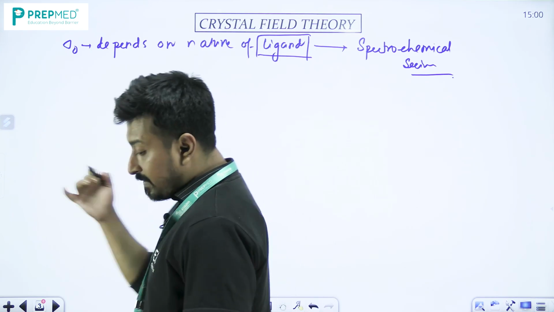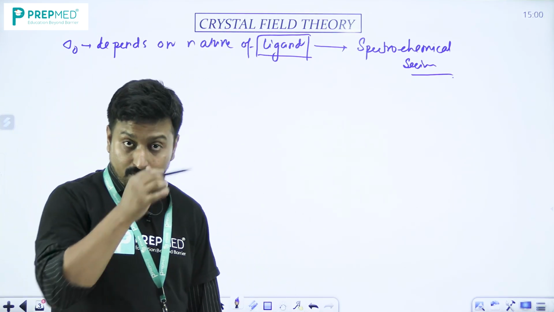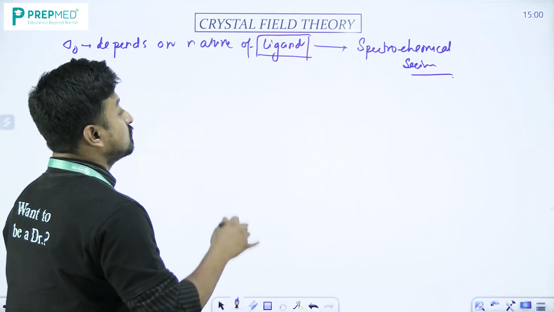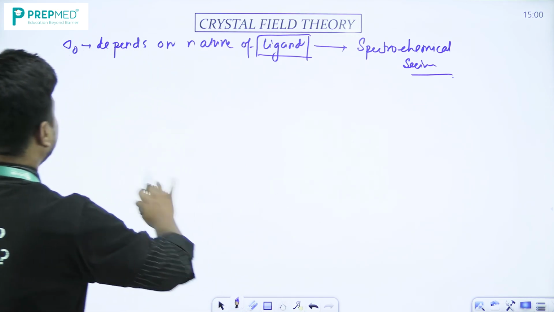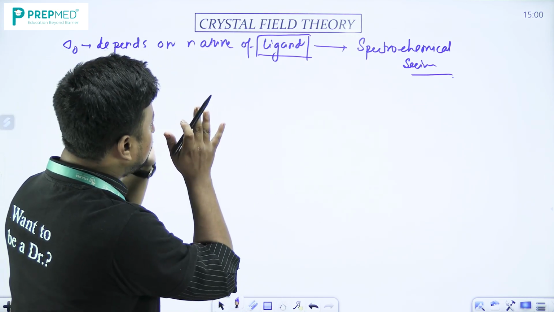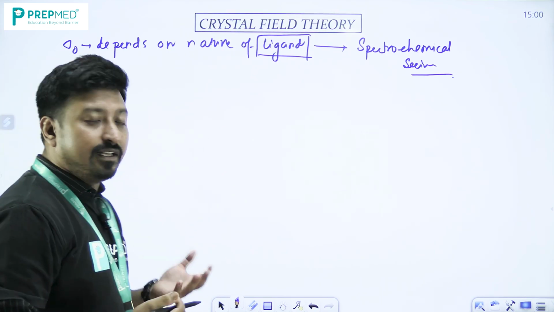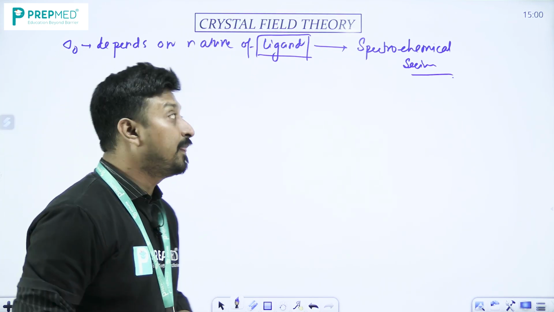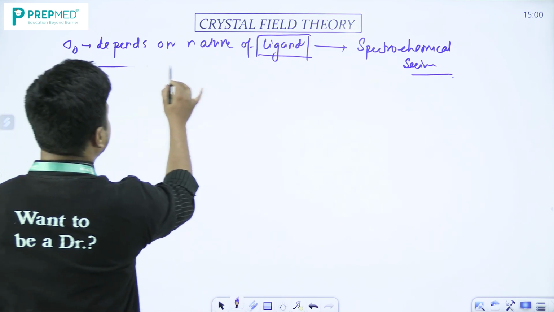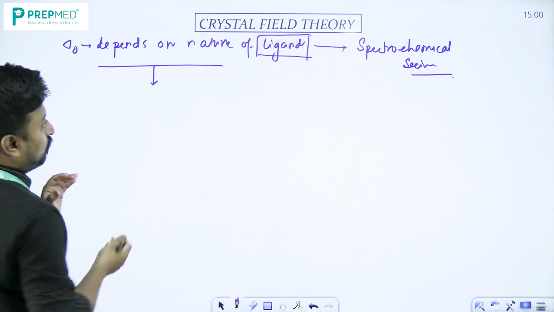Now, you can check my other video where I have already talked about the spectrochemical series, so I will not discuss that here. When we talk about the nature of the ligand, the question is what the energy of this state is.